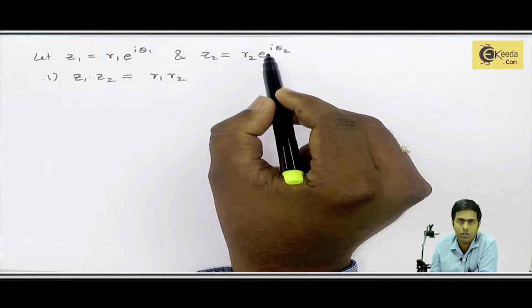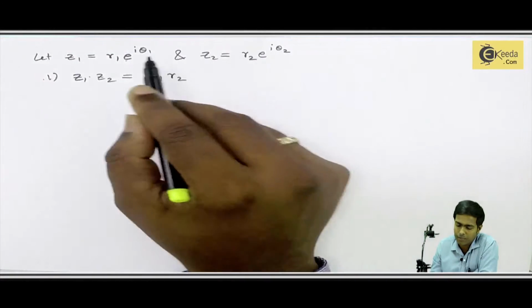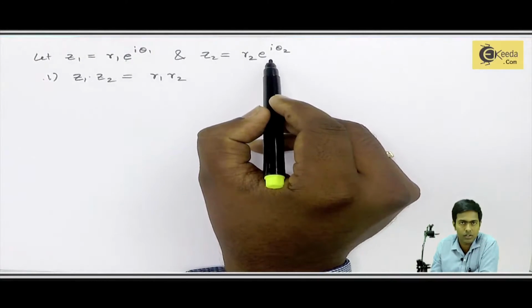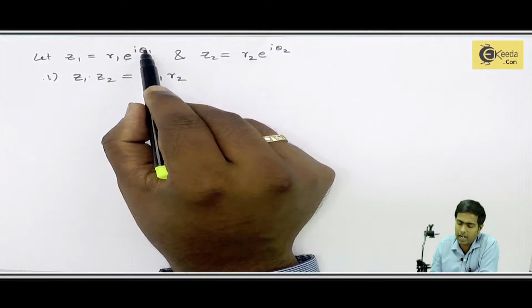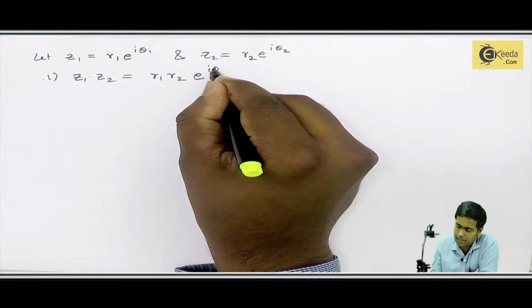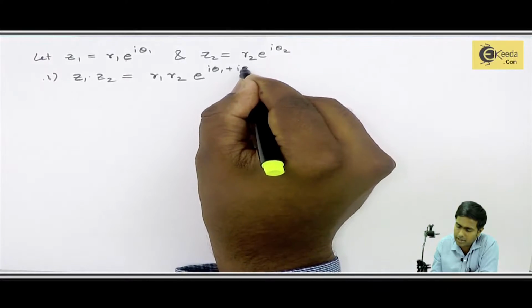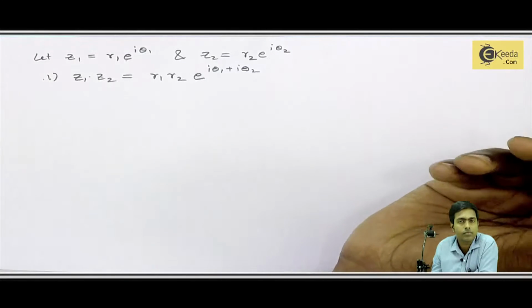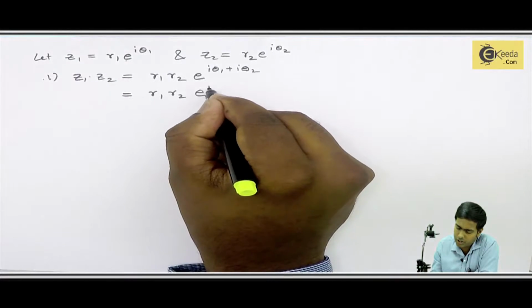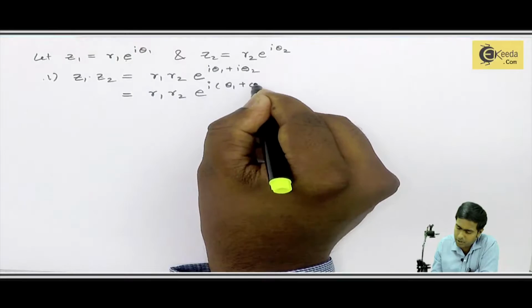So we will use laws of indices over here. Using laws of indices, if the base of two numbers is similar, then we can add their powers. So it will give me e raised to i theta 1 plus i theta 2, which ultimately will give me r1 r2 e raised to i (theta 1 plus theta 2).